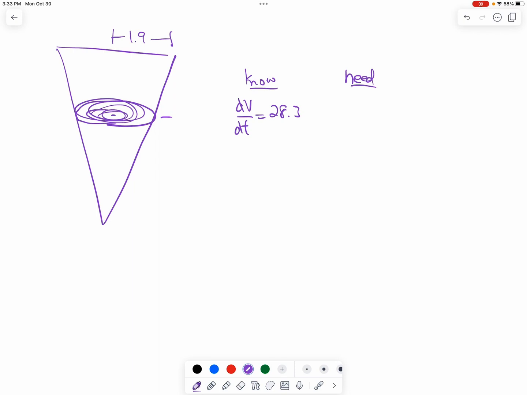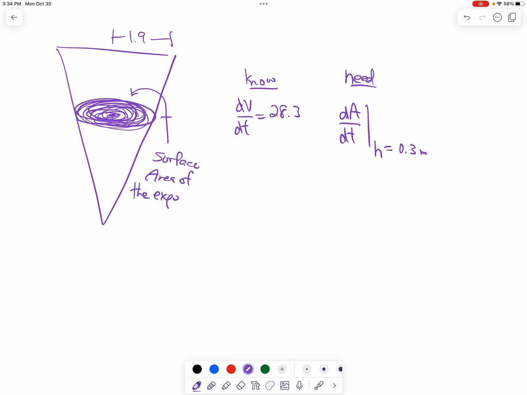We need now dA dt at that instant where the height is 0.3 meters. So that means this circle here, and I'm trying to make it a little more like 2D-ish, that is the surface area of the exposed water. It looks like a circle from the very top. There's water underneath it. We just want that surface area.